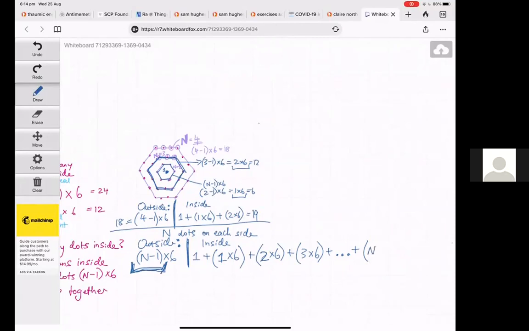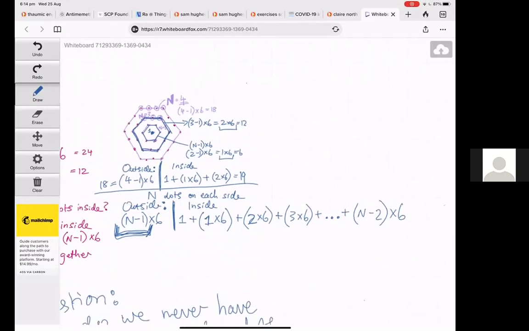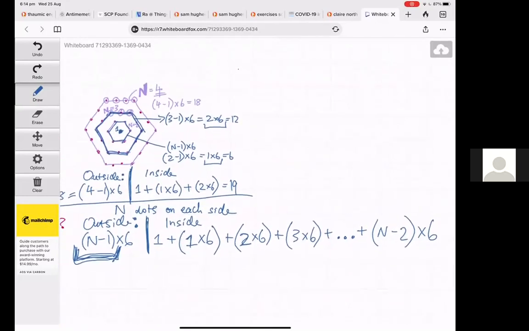So that would be n minus 2. And then we can combine these two, because this has a minus 2.